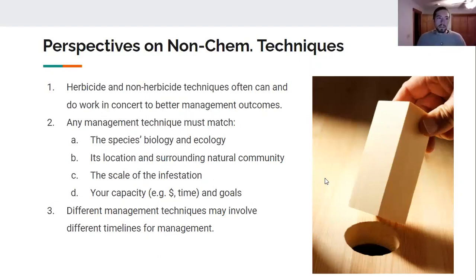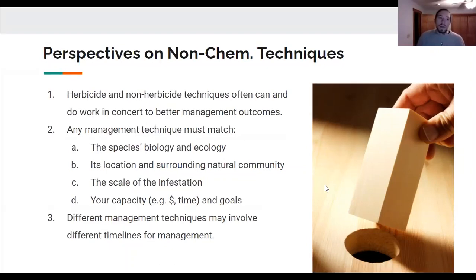The first is that herbicide and non-herbicide techniques often can and do work in concert to better management outcomes. For the purposes of this webinar, we're not presenting an either-or option. We want to give you non-chemical options, but we don't want to suggest that these are always going to be distinct from the use of herbicide, or that they can't be combined to have more effective management.